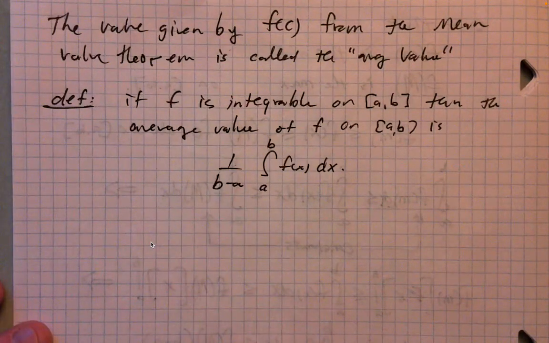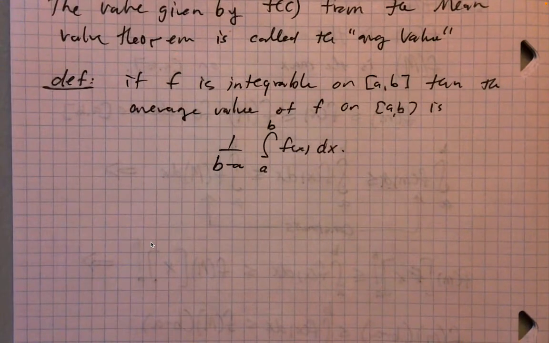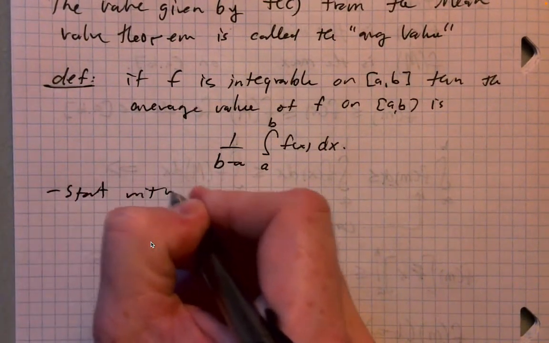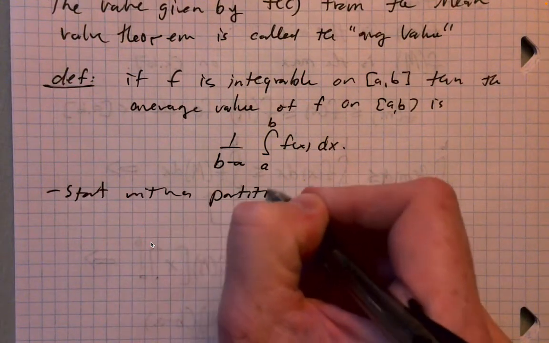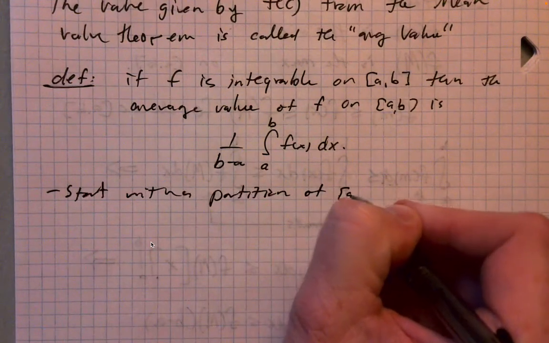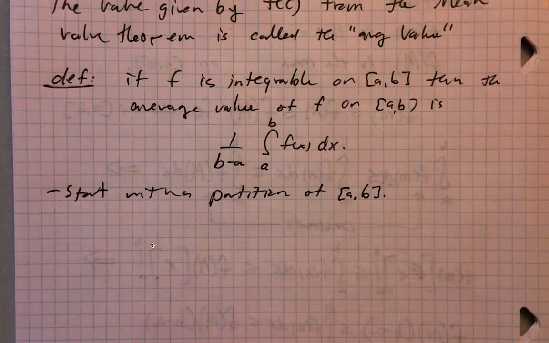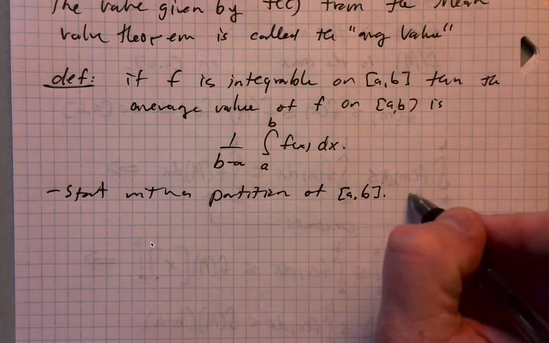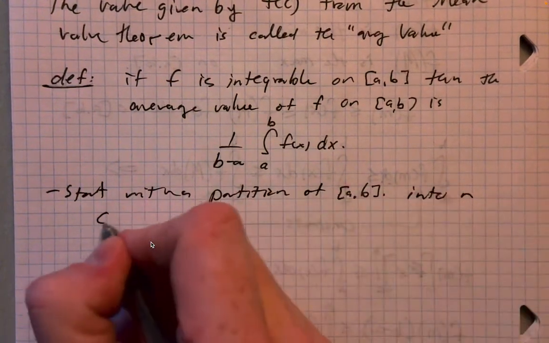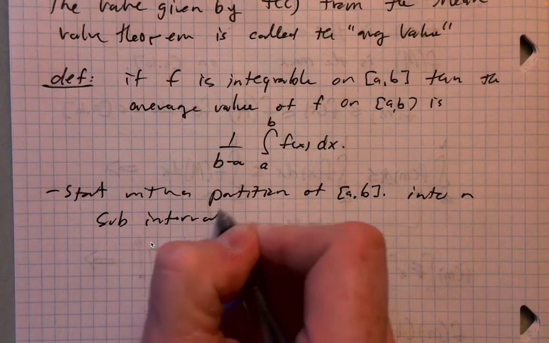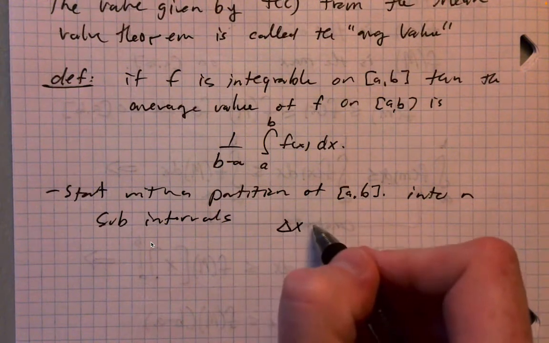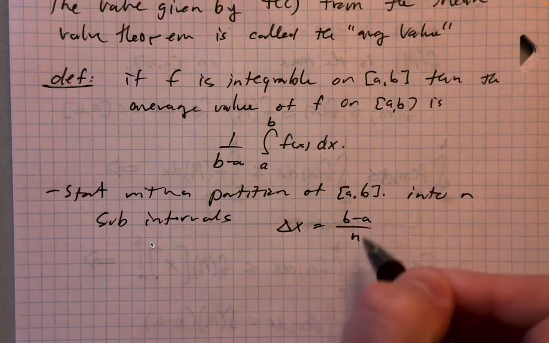So as we so often do, let's start with a partition of AB, and we'll partition it into n subintervals. And so then basically delta x would have a width of b minus a over n, right?